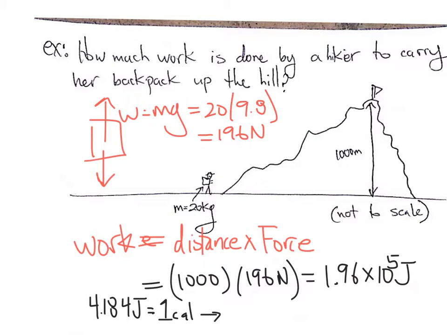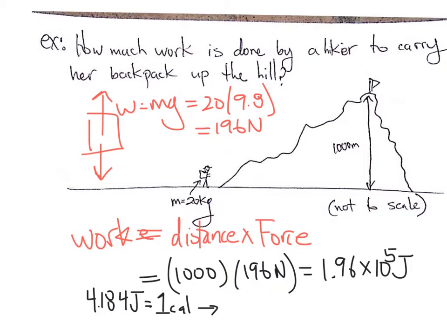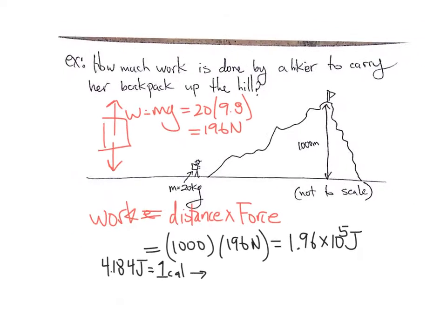We could take these joules, convert them to calories and kilocalories, and then into Snickers bars or donuts or whatever. Okay, so that's an example. The force that she has to exert is in the upward direction to lift and carry the backpack, and so we're only interested in the direction she went up and not the direction she went sideways, or the distance, excuse me.